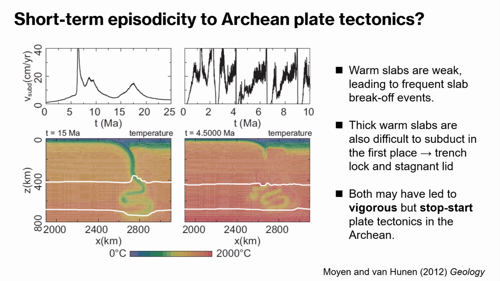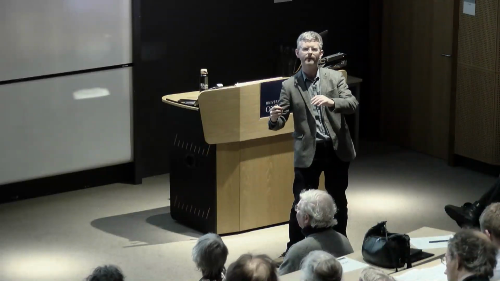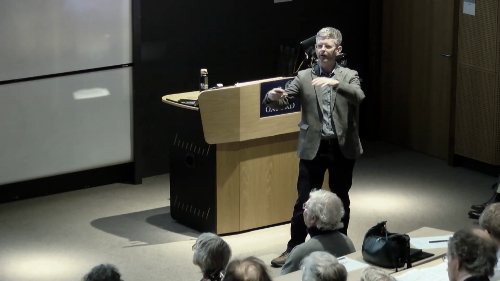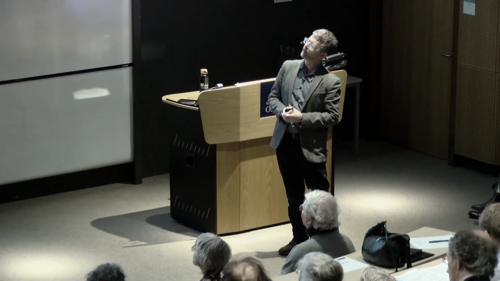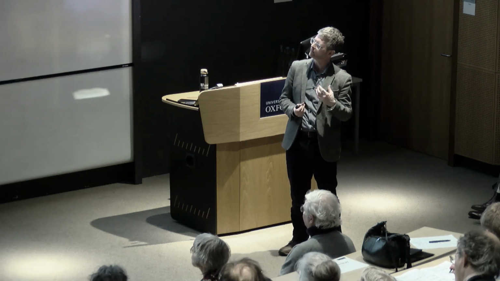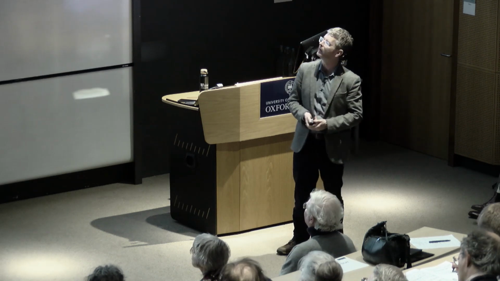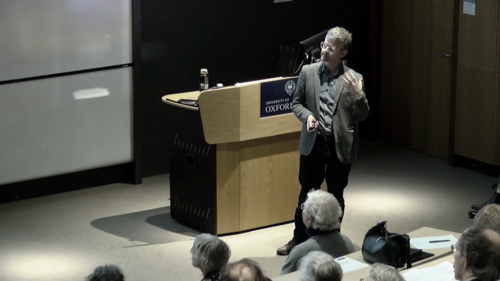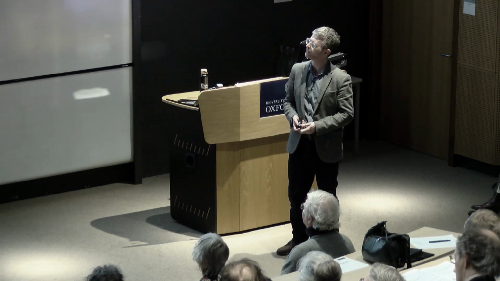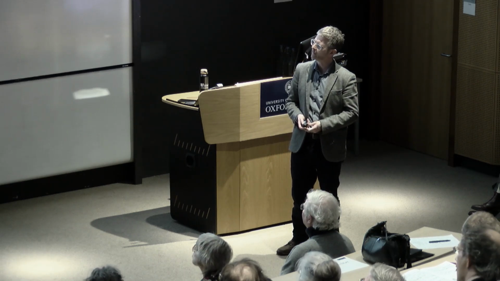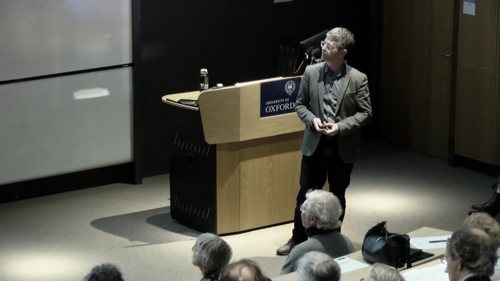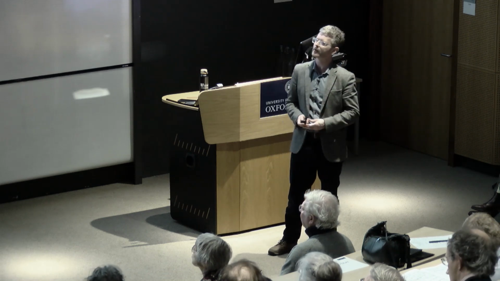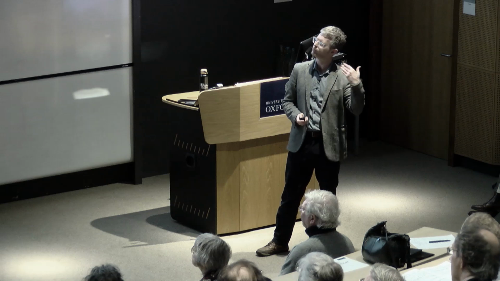And so that might give you a very sluggish onset to plate tectonics because you're getting going and then it stops and it may take a while to get going again. So there's this idea, which I think is quite good and based on observations as well as models, that there's this very sluggish stop-start plate tectonics in the Archean, that is in the first, up to about 2.5 billion years ago, possibly much earlier than that.